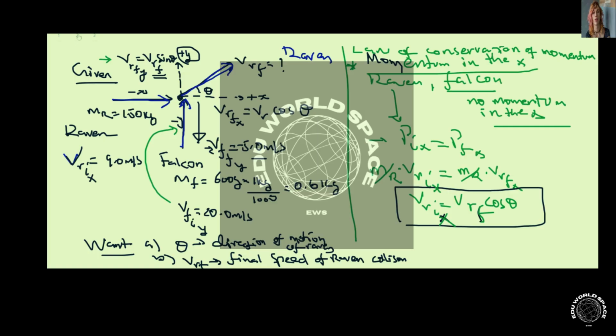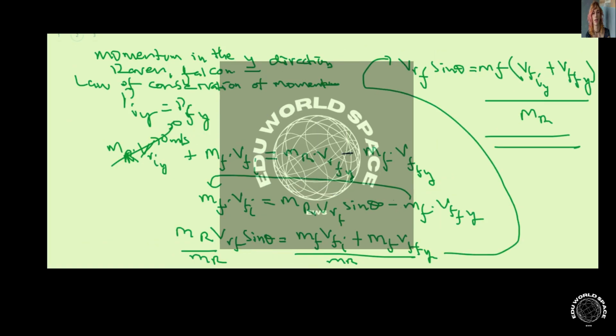And then the second part, we're dealing with the y direction. For the Raven, the initial velocity in the y direction is 0, but then there's a final velocity in the y direction. For the falcon, we have an initial velocity in the y direction, so we add that subscript, and this is equal to the mass of the Raven times the final velocity in the y direction for the Raven minus the mass of the falcon times the final velocity of the falcon in the y direction.